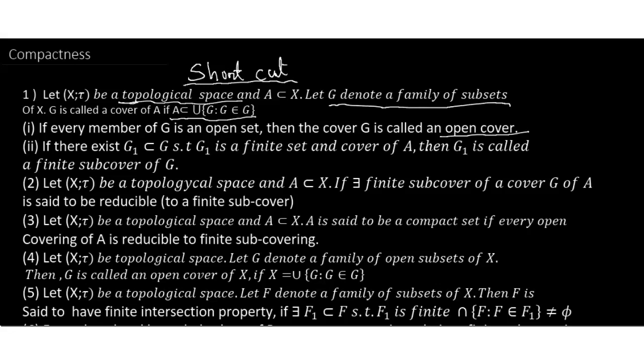If there exists G1 a subset of G such that G1 is a finite set and a cover of A, then G1 is called a finite subcover of G. Let (X, tau) be a topological space and A a subset of X. If there exists a finite subcover of a cover G of A, it is said to be reducible.